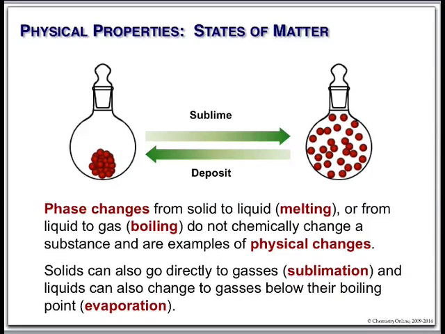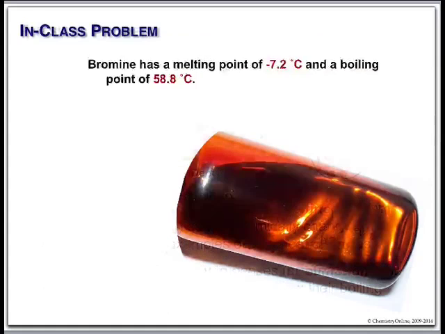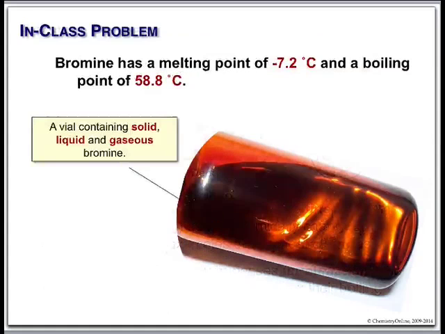All right, let's just do a couple very simple state questions here. This is bromine. Bromine is Br2. This is it on the periodic table. Bromine, this particular substance, melts at -7.2 degrees centigrade, and it boils at 58.8 degrees centigrade.